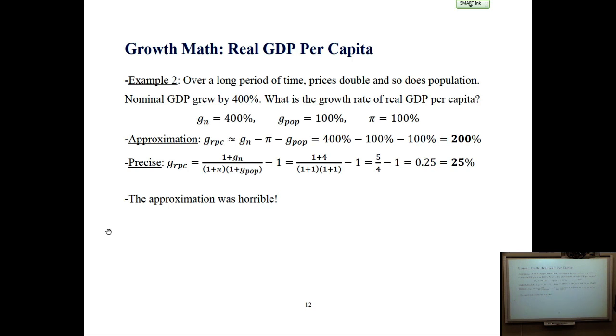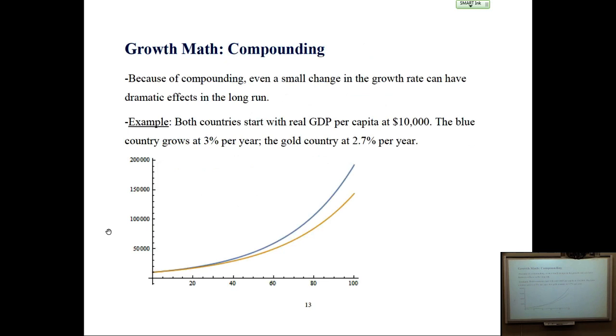I don't have an exact cutoff, but whenever you're unsure, go exact. I don't penalize precision. All right, those are our formulas for the growth rates of real GDP per capita.